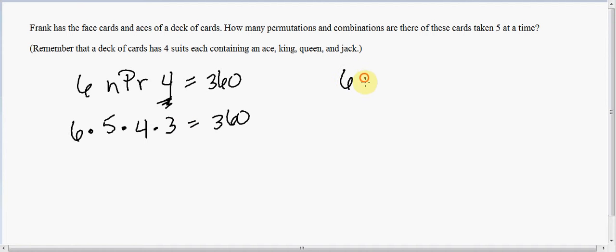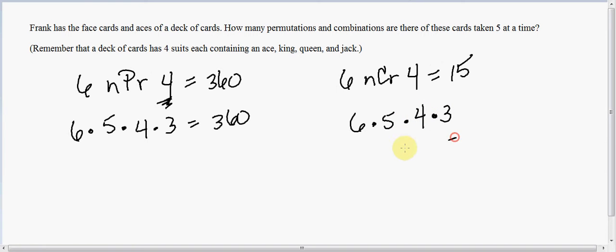If we had 6 and we wanted to know how many combinations taken 4 at a time using the calculator, we can type 6 PRB, go over to nCr, hit 4, hit equals. It gives us 15. Paper and pencil, you start out like a permutation, so you list your 4 numbers. But then, since we have 4, for the combinations, we have to remember to start at 4 and multiply all the numbers down to 1.